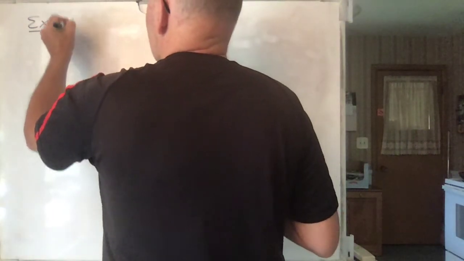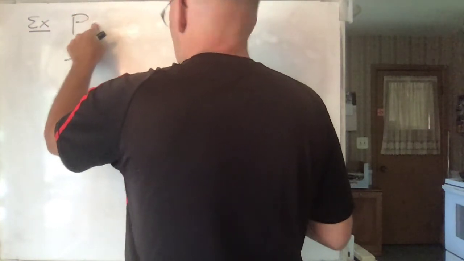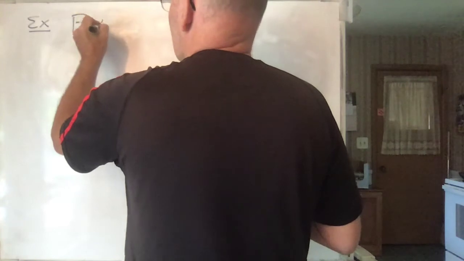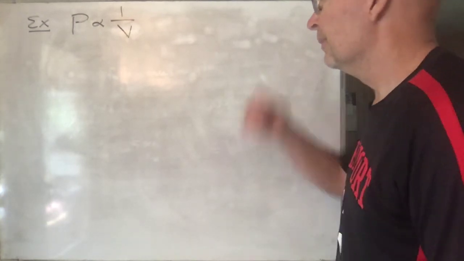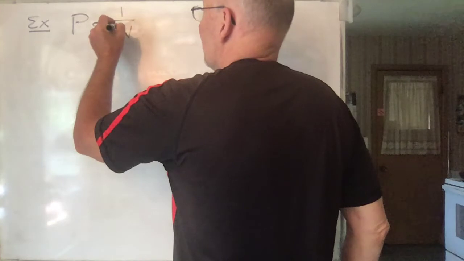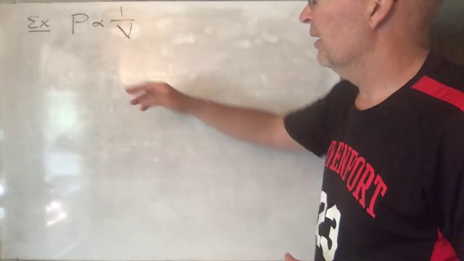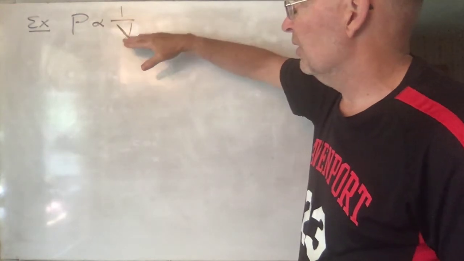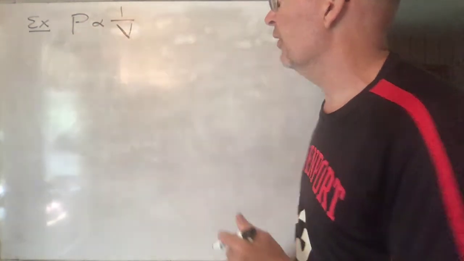Here's a relationship. Pressure is proportional to 1 over the volume. This is if you have a set amount of gas in a container. So if you've got a balloon or something like that, or a cylinder, and as you push on it and make the volume less, the pressure is going to increase.